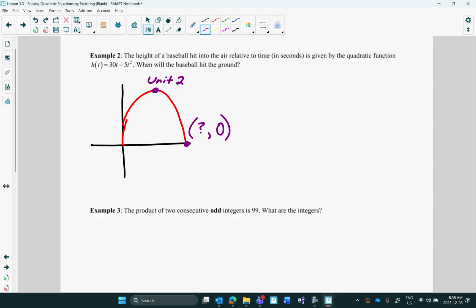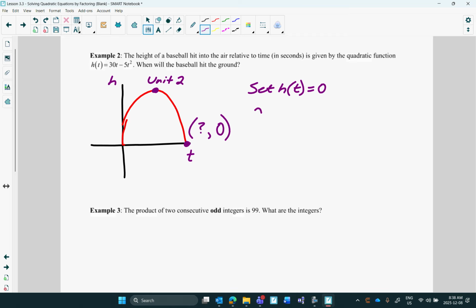So we're trying to find the x-coordinate at this point, or t, because remember, this is time, this is height. So I need to set h, or h(t), both mean the same thing, equal to 0, to figure out what the missing time is.